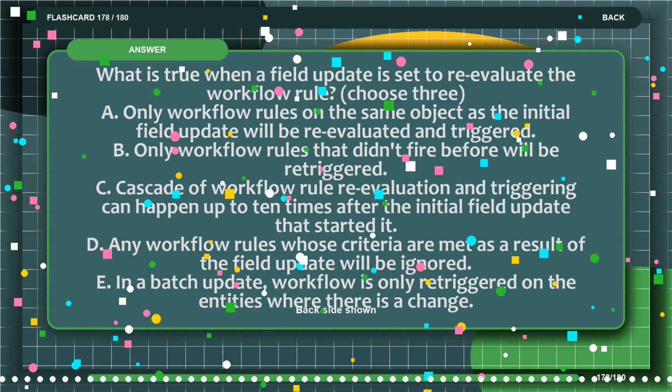C. Cascade of workflow rule reevaluation and triggering can happen up to 10 times after the initial field update that started it. D. Any workflow rules whose criteria are met as a result of the field update will be ignored. E. In a batch update, workflow is only retriggered on the entities where there is a change.